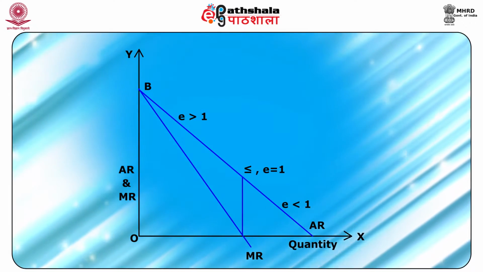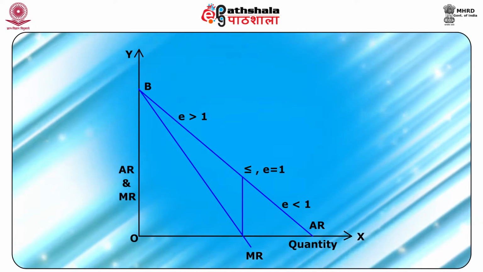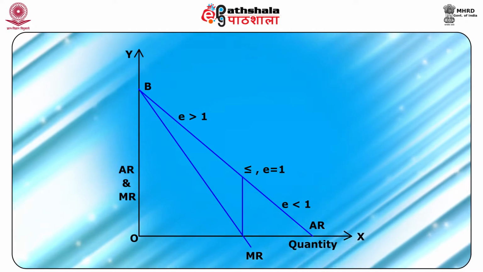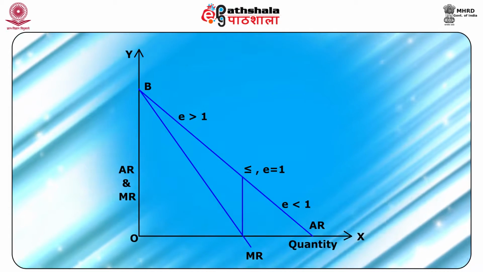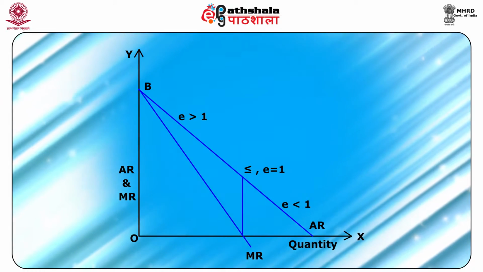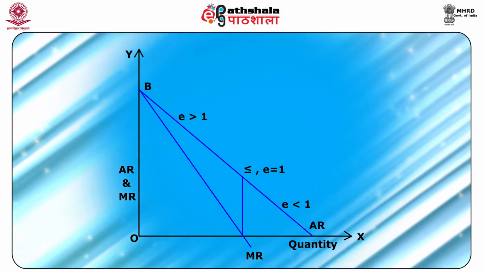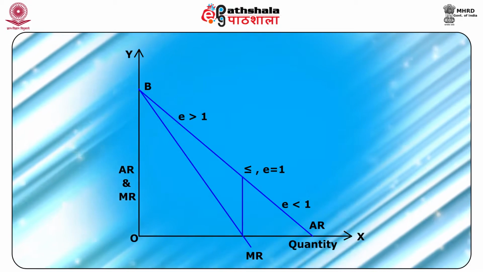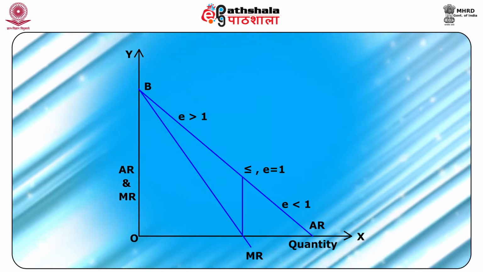So between the point B and point S, the tendency of the producer should be to reduce the price, because the elasticity is greater than 1, and therefore for every reduction in the price, the total revenue is likely to increase.